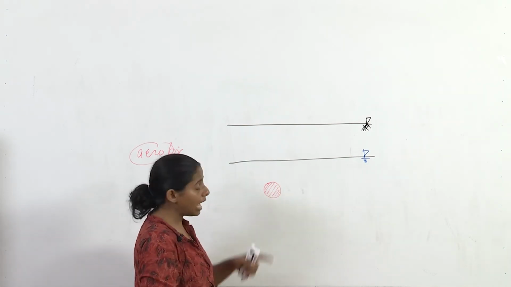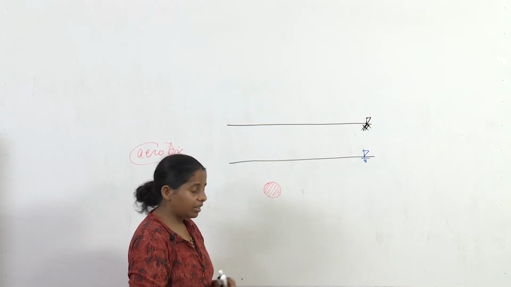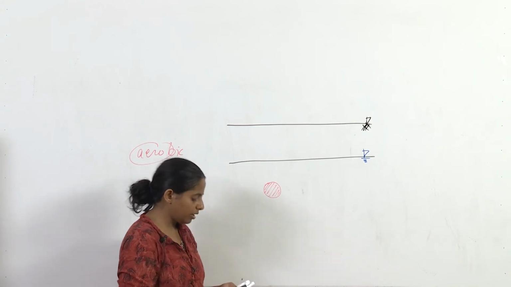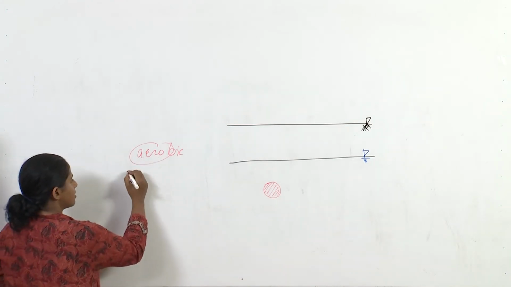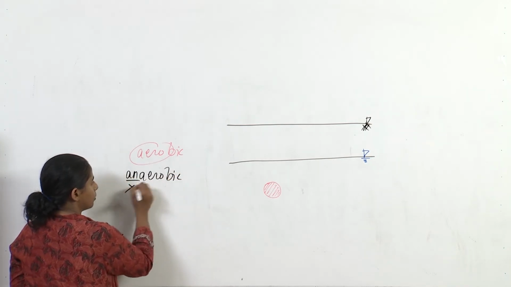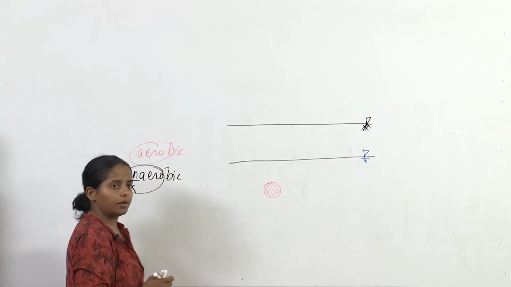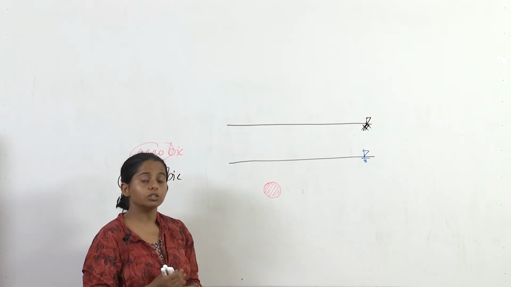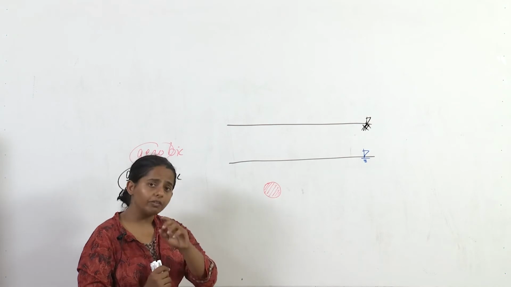So, we generate anaerobic condition, that is, no air. Anaerobic is written as anaerobic, where an means no air. So, if there is no air, then the microbial communities can use other electron acceptors apart from oxygen.